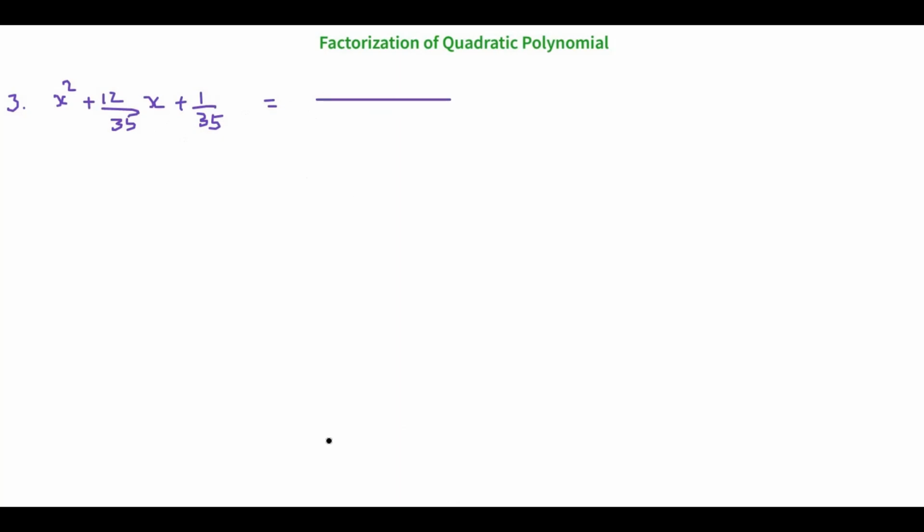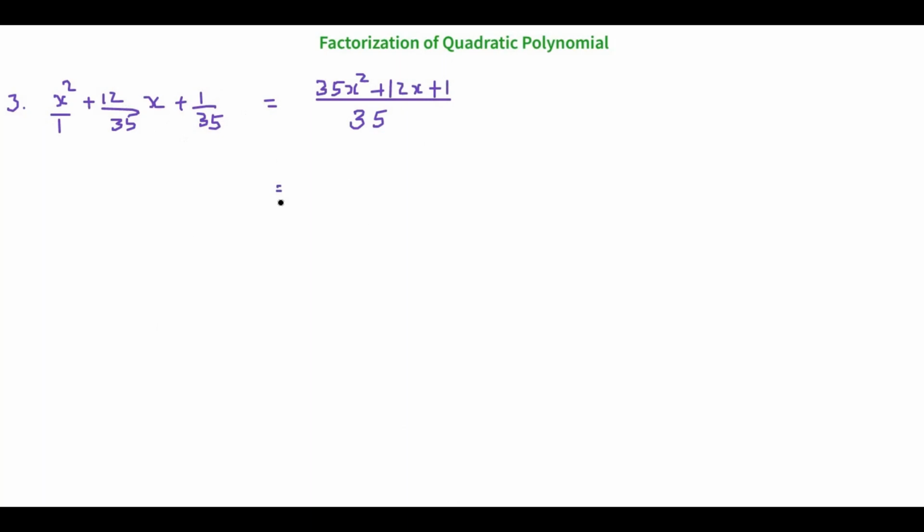Yes, it is similar to the previous question. There is no change. The same steps have been followed. Since here it is a 1, we multiply the denominator and the numerator by 35. So here you would get 35 x square plus 12x plus 1.